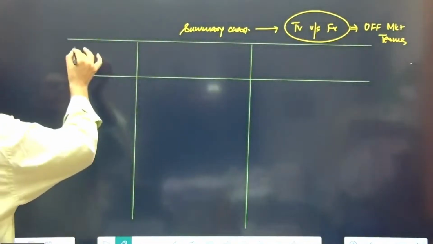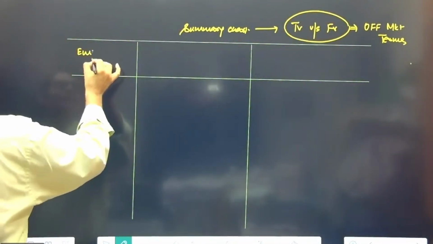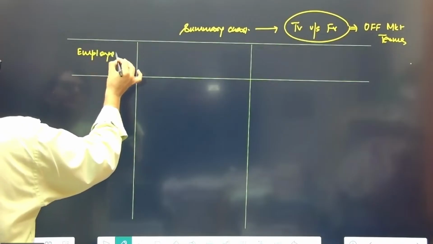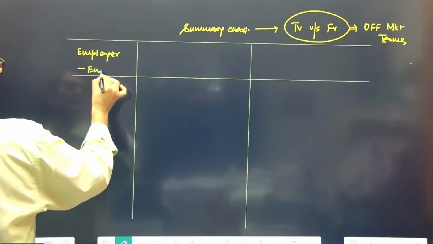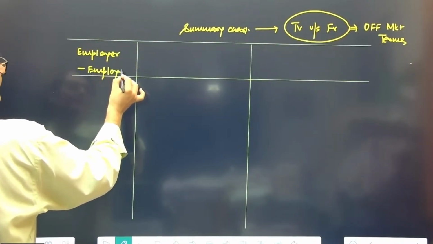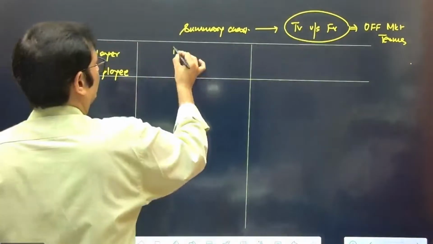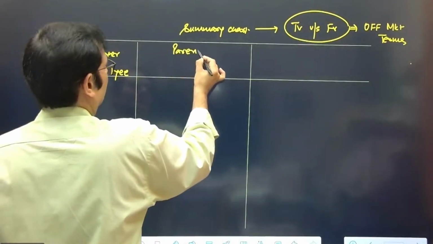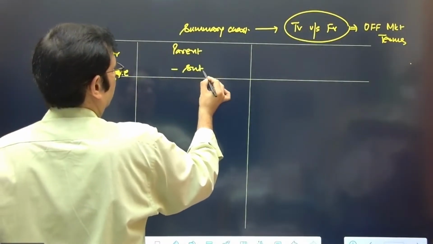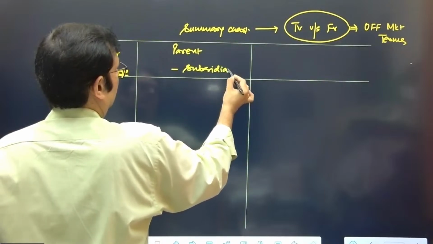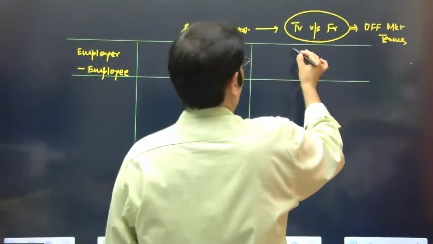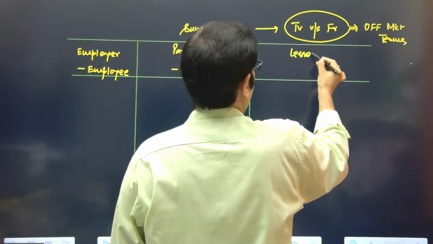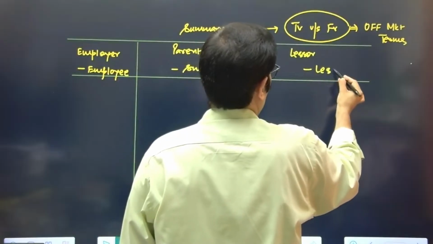So we've got, first of all, the employer-employee relationship. We've got a parent-subsidiary relationship. And we've got the lessor-lessee relationship.